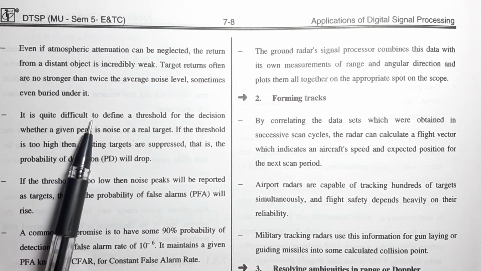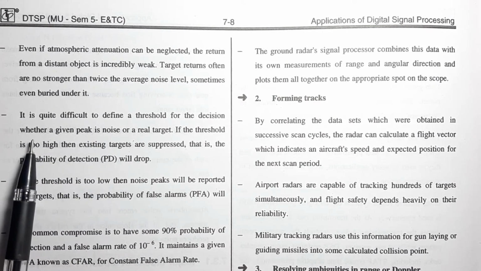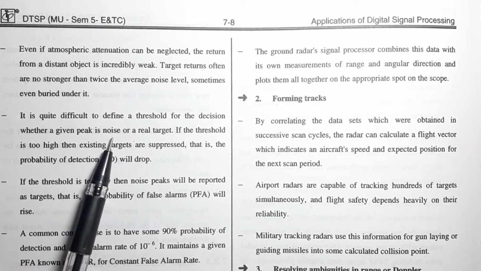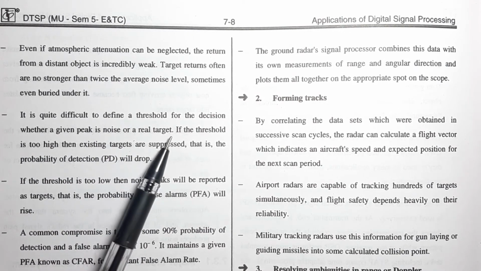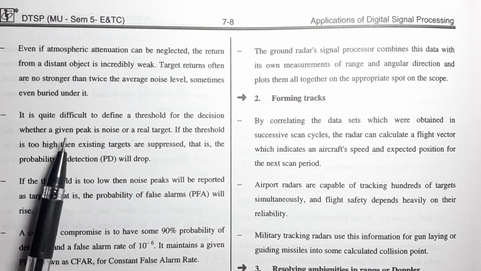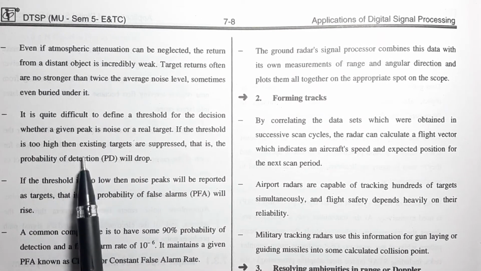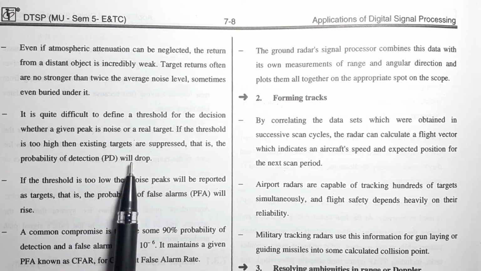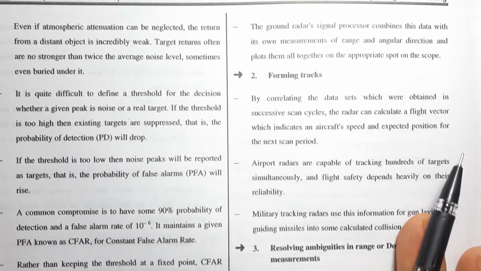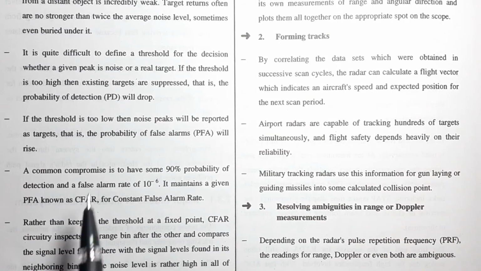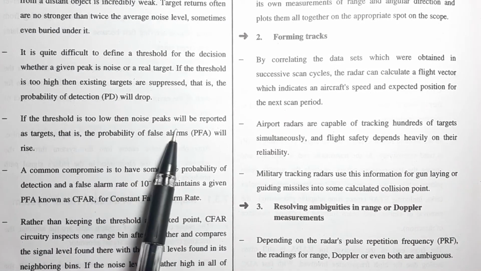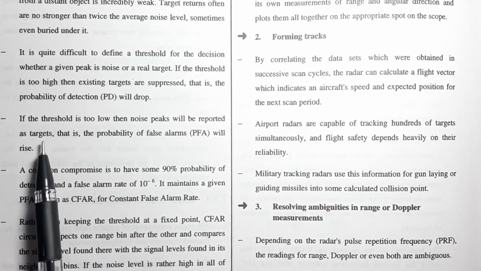Now it is quite difficult to define a threshold for the decision whether a given peak is noise or actually a real target. If the threshold is too high, then existing targets are suppressed. That is, the probability of detection, or PD, will drop. If the threshold is too low, then noise peaks will be reported as targets.